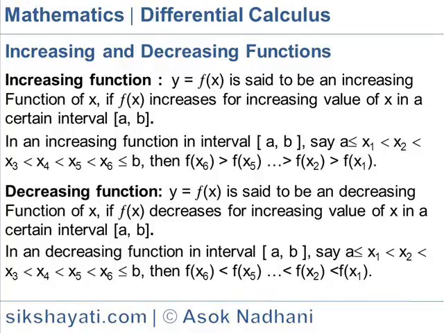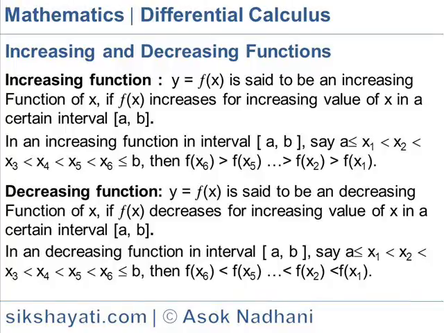Decreasing function: y equals f(x) is said to be a decreasing function of x if f(x) decreases for increasing value of x in a certain interval ab. In a decreasing function in an interval ab, say a is less than x1, and so on, f(x6) is less than f(x5), which is less than f(x1).